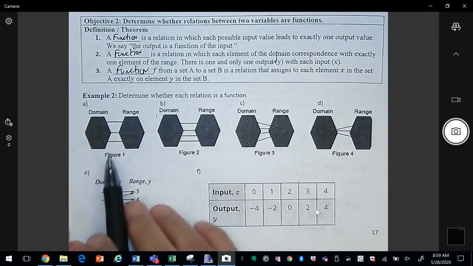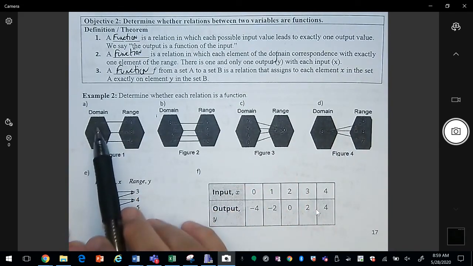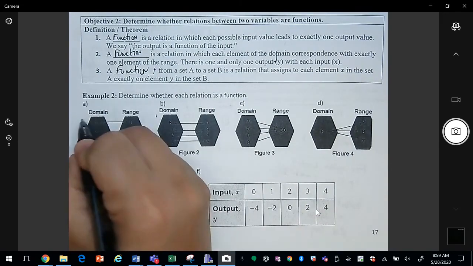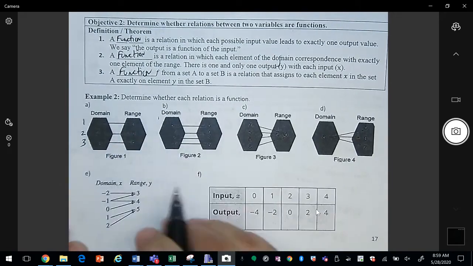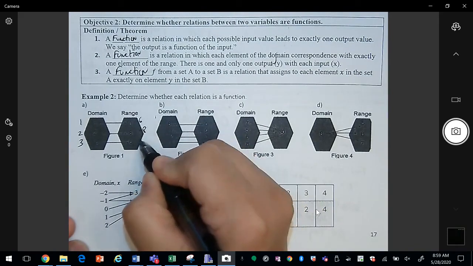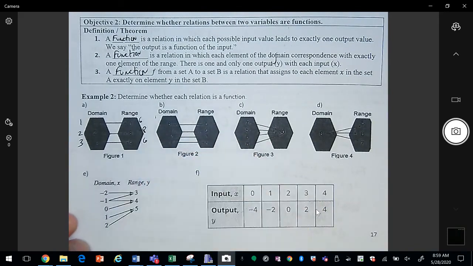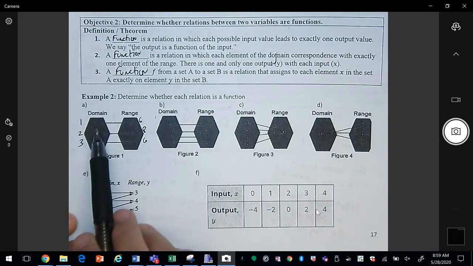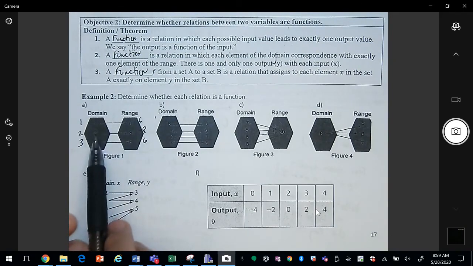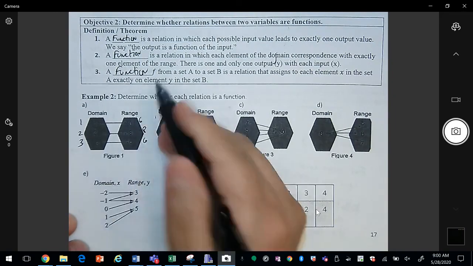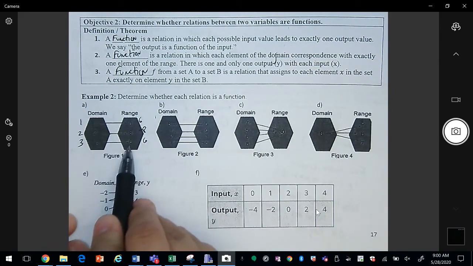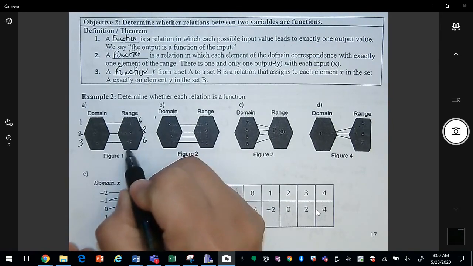It's kind of hard to see here, but we have a 1, a 2, and a 3. I'm going to write them here so you can see them. And on this side, the numbers are 6, -8, and 6. So here we have 1 is going to 6, 2 is going to -8, and 3 is going to 6.